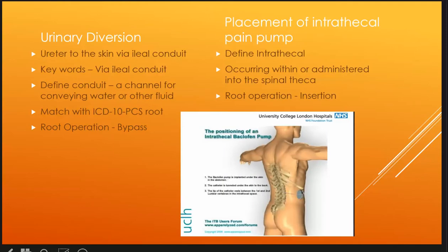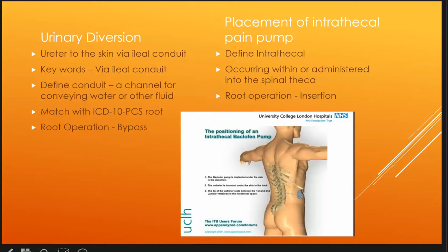Number 8 is noted in your textbook as urinary diversion, ureter to the skin via ileal conduit. Keywords are the ileal conduit. A conduit is defined as a channel for conveying water or other fluid.